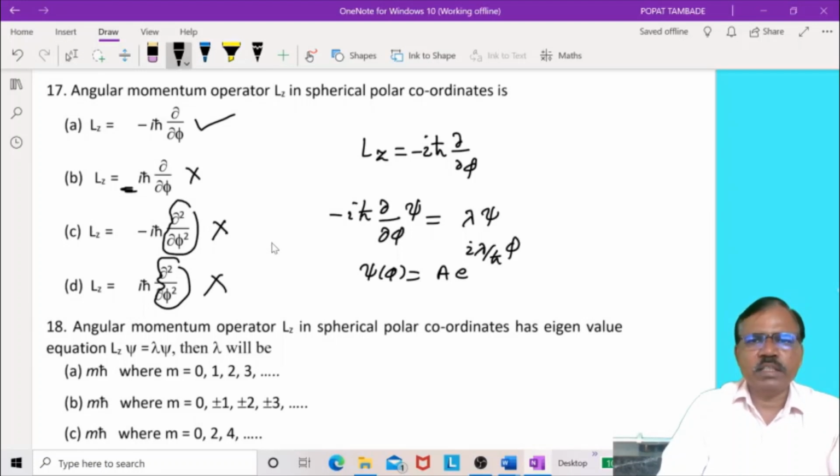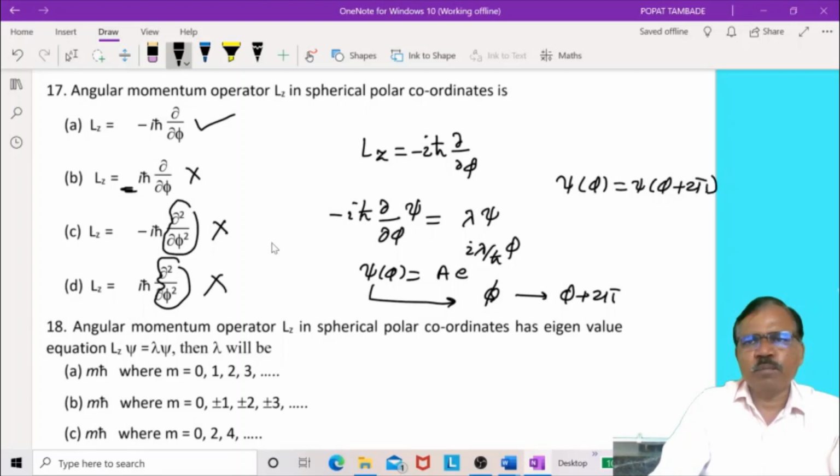And psi of phi is the same for phi plus 2 pi. Why? Because psi of phi will be equal to psi of phi plus 2 pi, because the wave function is single valued, finite and continuous everywhere, and phi plus 2 pi are the same.